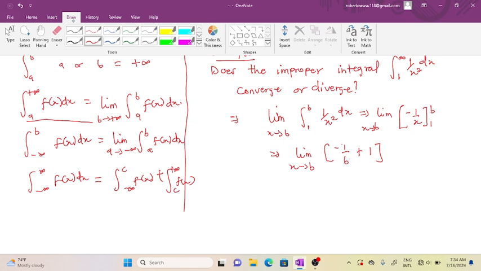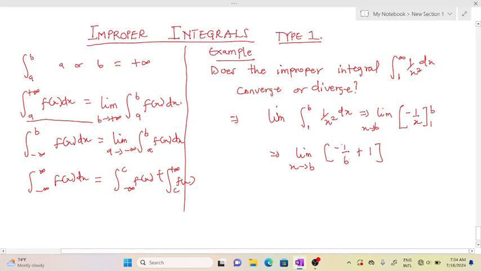So as b approaches positive infinity, the next thing to do is to simply know that you are having the limit as b approaches positive infinity of 1 minus 1 over b.